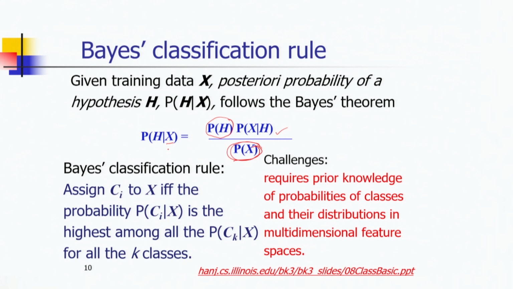From the proportional computation itself you get an idea, and if you know that there are k classes, you can normalize them and get the exact posterior probability. So you avoid the computation of, or getting the information of, the probability of x precisely.